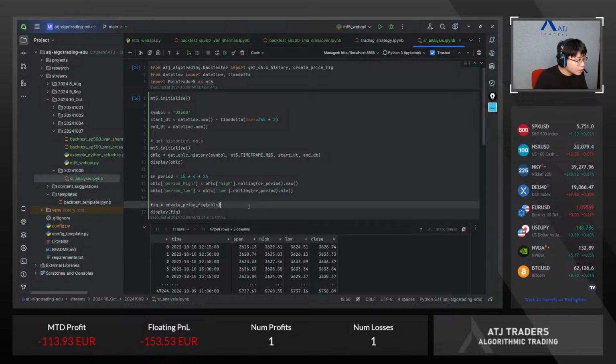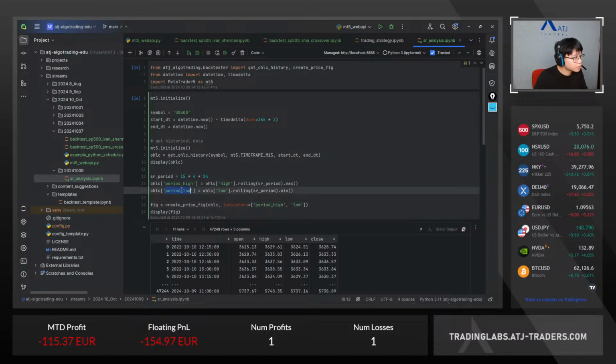Great. And then I can show you the indicators by specifying indicators, and the indicators are equal to period high and period low.